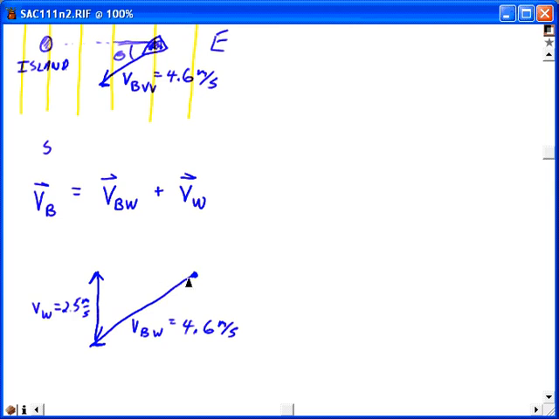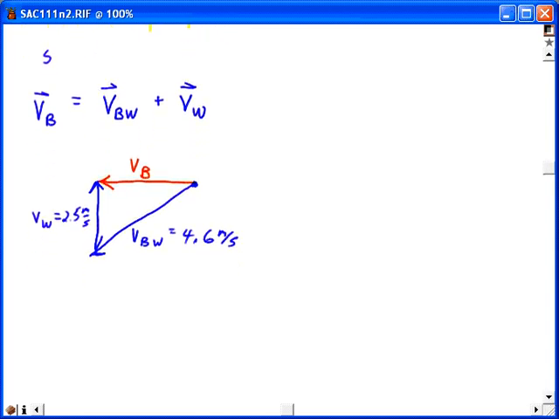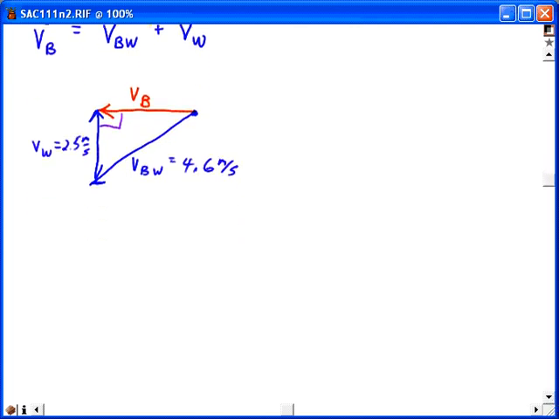And then the resultant is the desired due west velocity, VB, of the boat. So I'm adding those vectors together. I got a nice little vector addition diagram. Because in this problem I've got a right angle, I don't have to bring out the full complement of tools of vector addition. This is an easier problem than the usual.